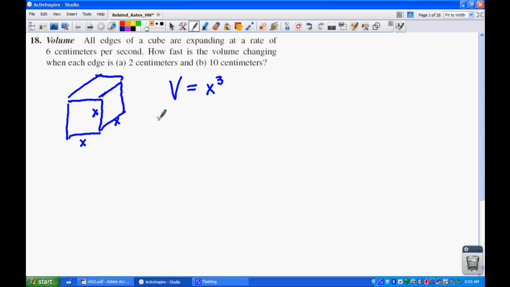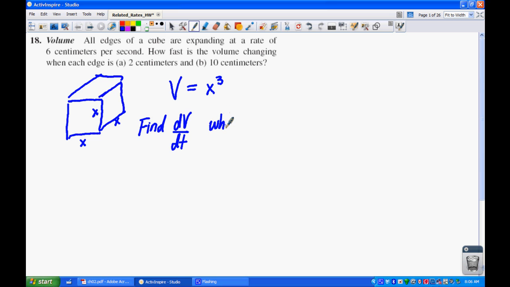And let's find out what they're asking. How fast is volume changing? Okay. So they're asking you to find dV/dt, how fast the volume is changing with respect to time. When what? Because this is a variable rate of change.